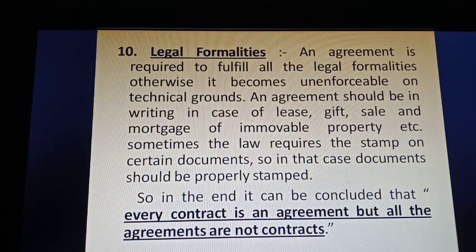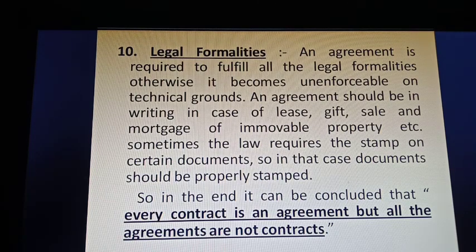Apart from the above 9 conditions, if in any particular law there are some legal formalities which are required to be fulfilled, then those legal formalities must be fulfilled to convert an agreement into a contract.